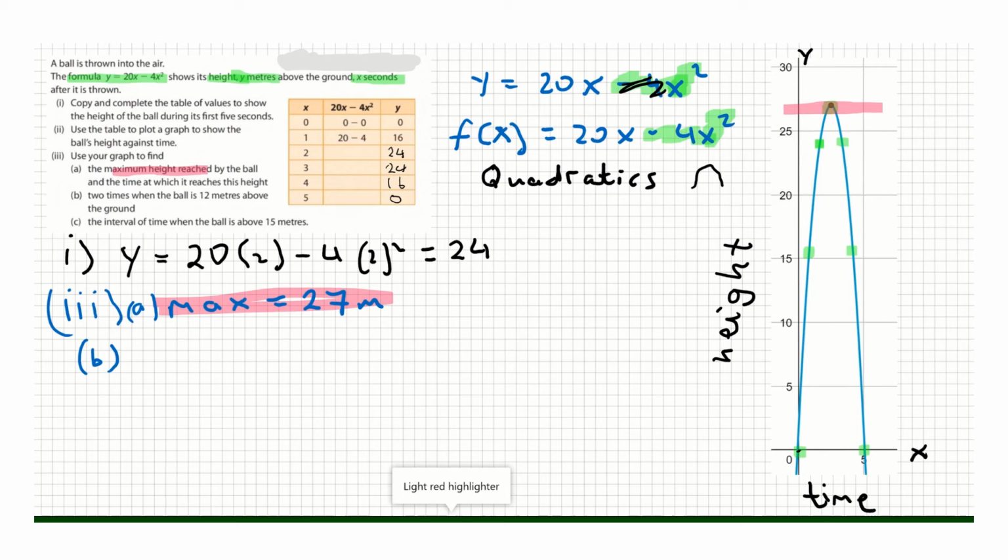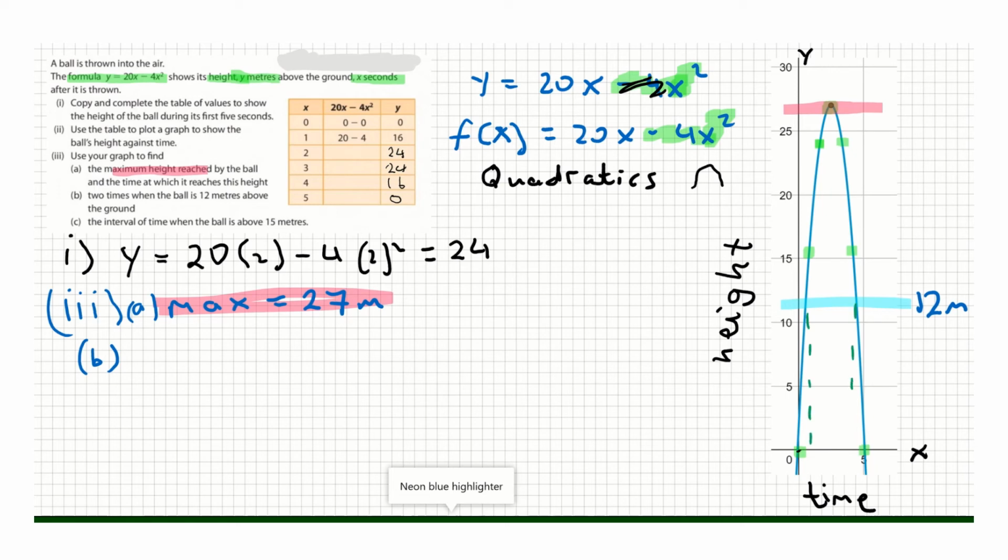Part B. 2 times when the ball is 12 meters above the ground. Okay, so there's 10 meters, 11 meters, 12 meters. It's approximately here. Okay, and I'm just going to write that, 12 meters. So to find that, we're going to have to plot down to the times.